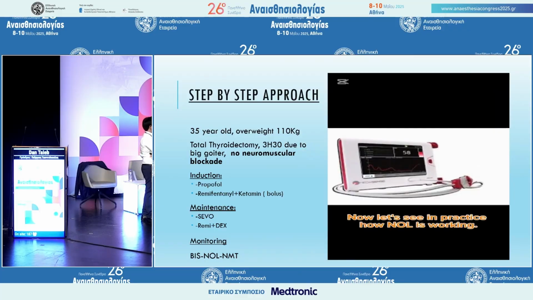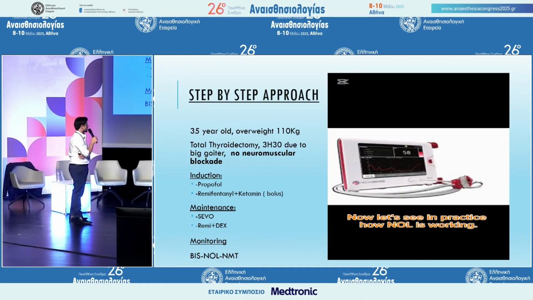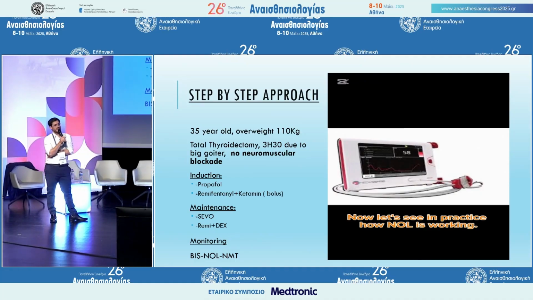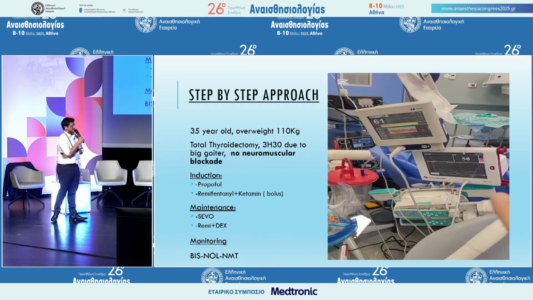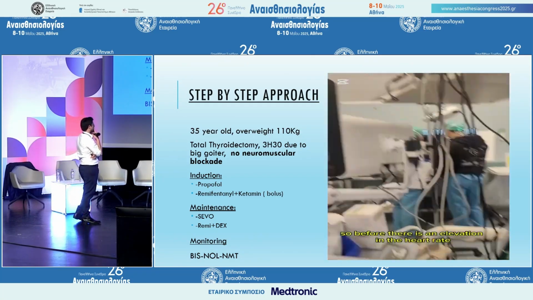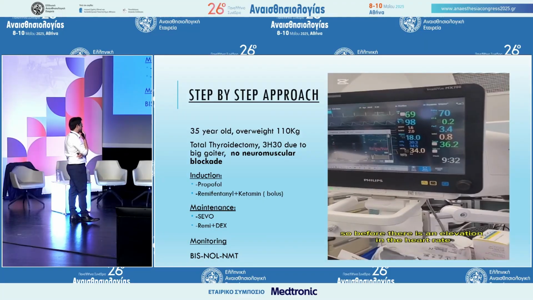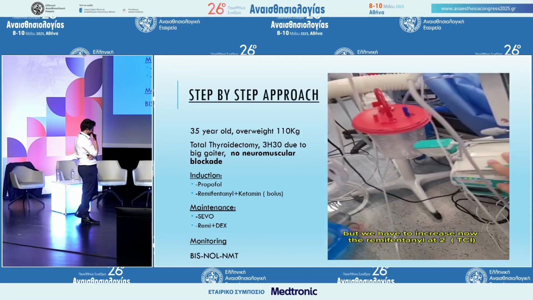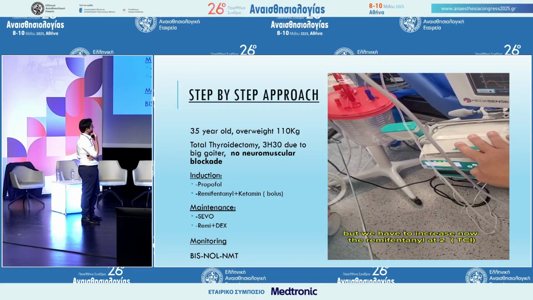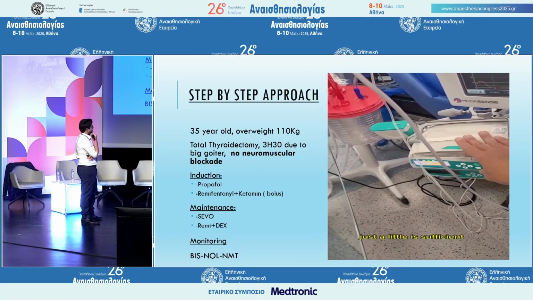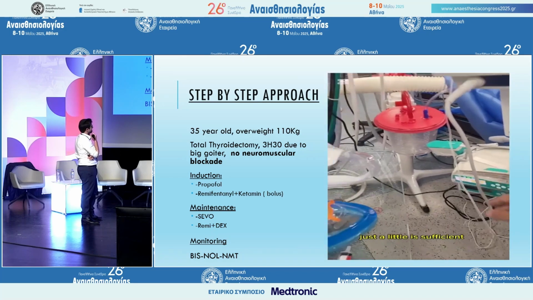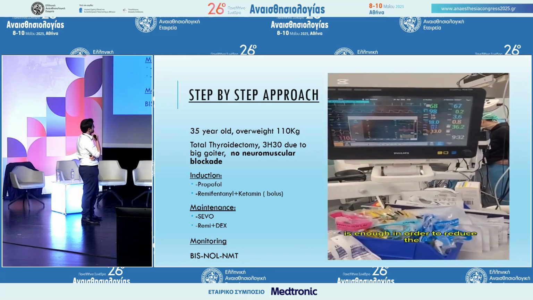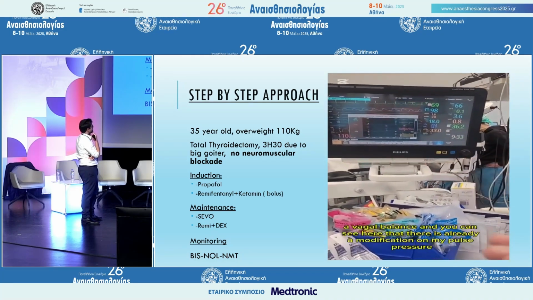Okay, as a very quick exercise, I just want to show you how it works in practice, okay? So we get a number of NOL, and you can see an elevation. So before there is an elevation, I want to wait, but we have to increase the remifentanil now. And 2, just a little is sufficient, is enough in order to reduce our vagal balance.